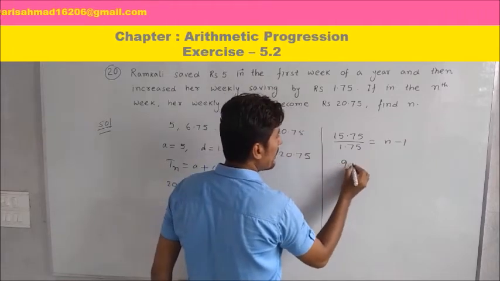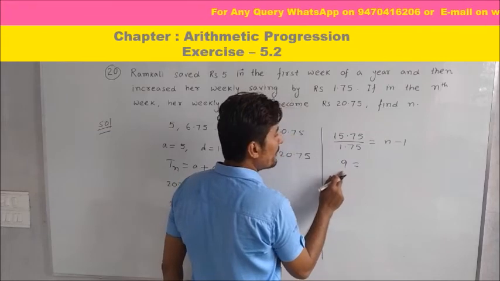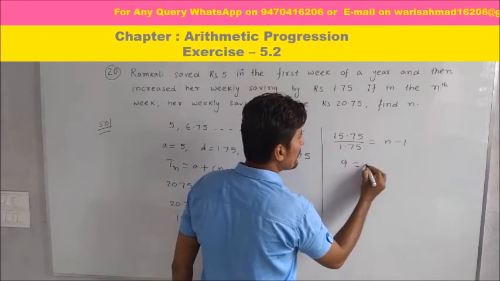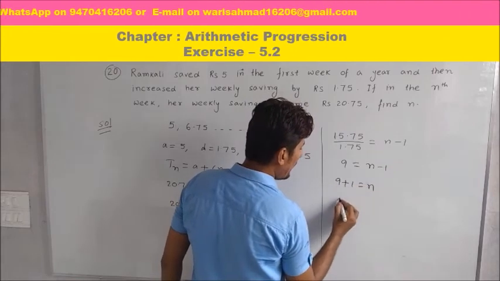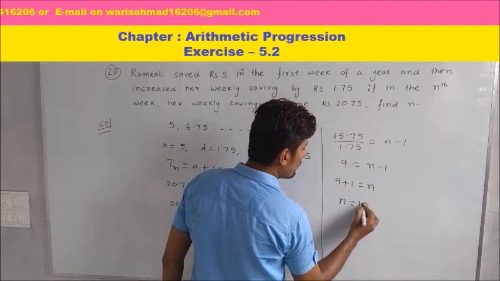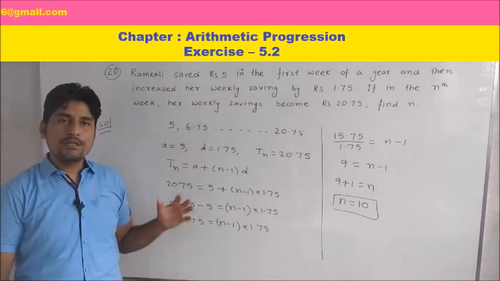If we divide 15.75 by 1.75, the result will be equal to 9. So 9 equals n minus 1, and n minus 1 plus 1 is equal to n, and finally we have n equal to 10. So the value of n will be equal to 10 for this question.